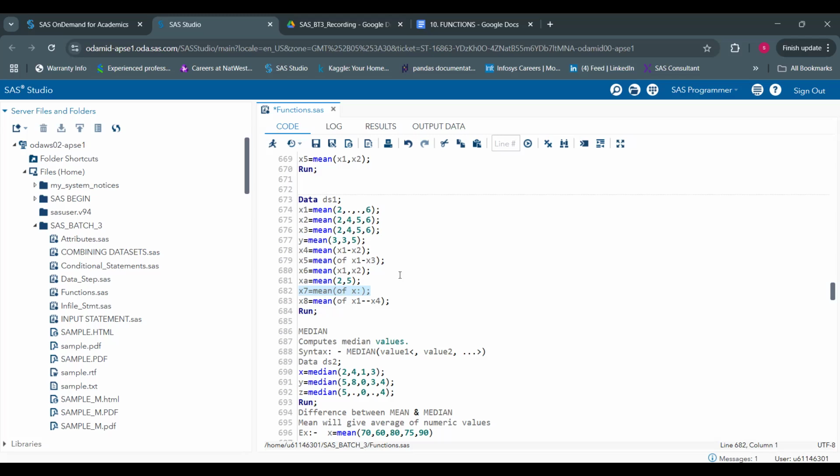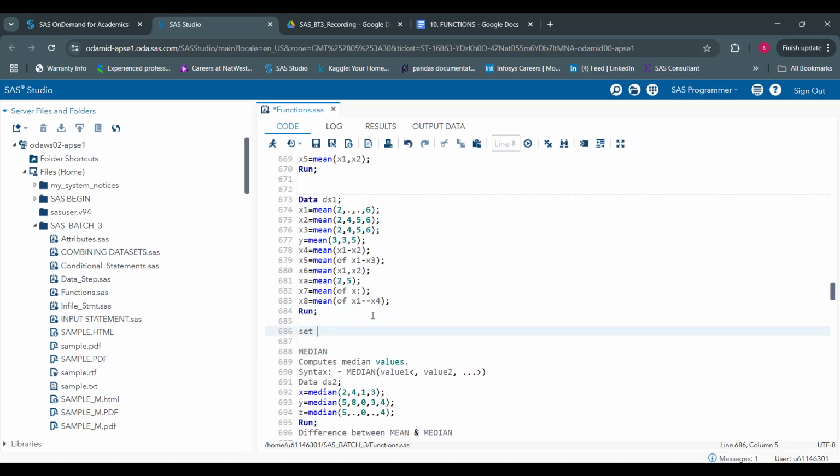Remember, ma'am, we used something like set ds in this way. For observations, it's like the range.